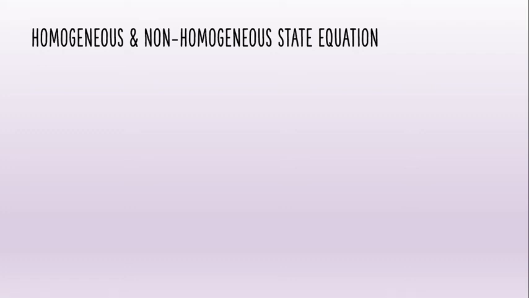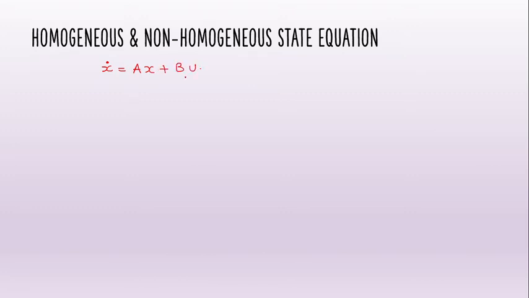Hello everyone. In this lecture of state space, we are going to discuss homogeneous and non-homogeneous state equations. Now, we know that the state equation of any dynamic system can be written as x dot equal to Ax plus Bu.